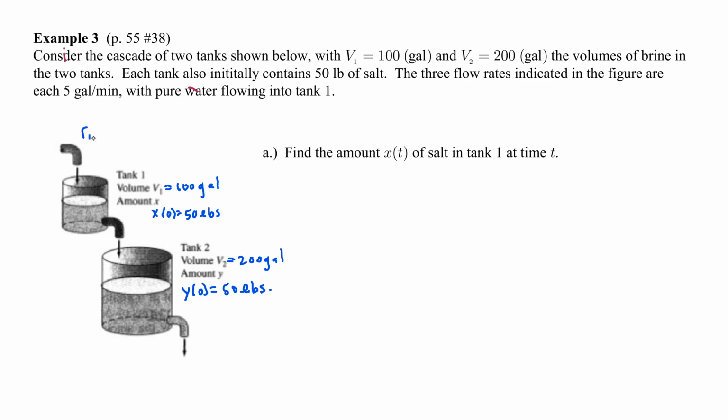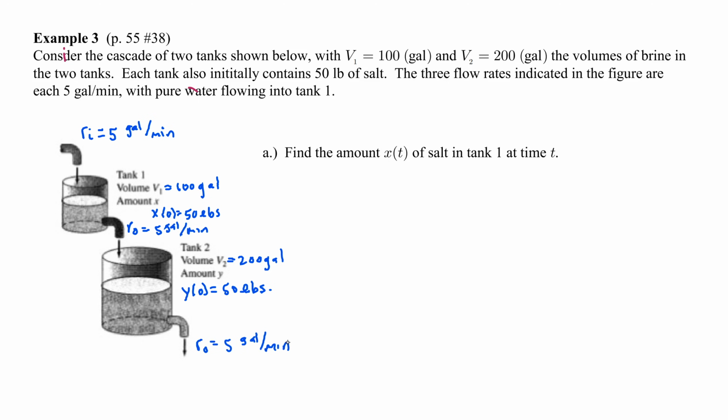So the rate of inflow from this first pipe is 5 gallons per minute, and the rate of outflow here is 5 gallons per minute. Okay, that means the rate of inflow into tank 2 is 5 gallons per minute, and the rate of outflow from tank 2 is 5 gallons per minute.